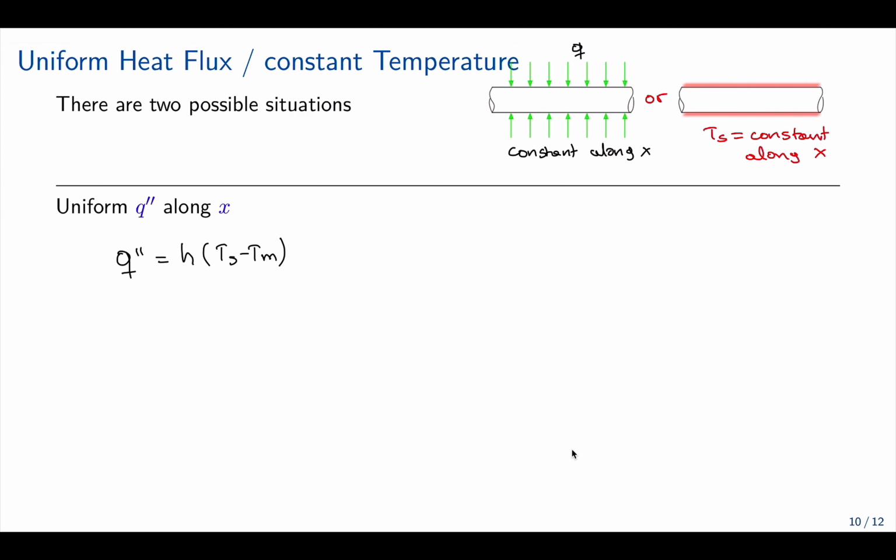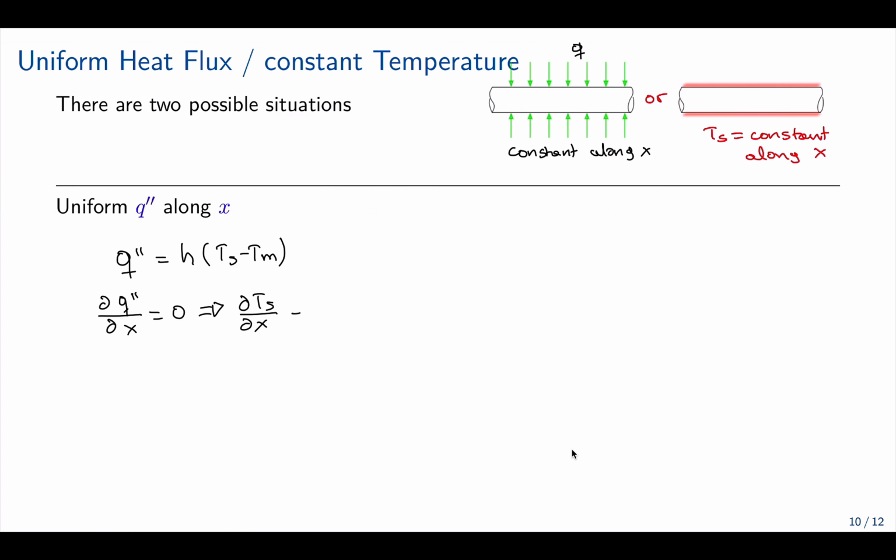Now, if this is constant, it means that the derivative of Q double prime with respect to X is equal to 0, and therefore, deriving the right hand side, dTs/dx minus dTm/dx is going to be equal to 0, and H is a constant, so we can simplify.